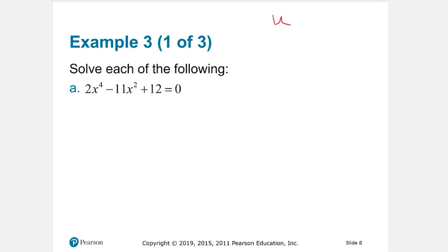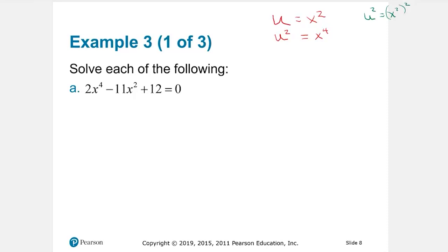I'm going to say U equals x squared. And then what would U squared equal? U squared would equal x to the 4th, right? Because I would have to square both sides. So it would be U squared equals x squared squared, and that gives me x to the 4th.